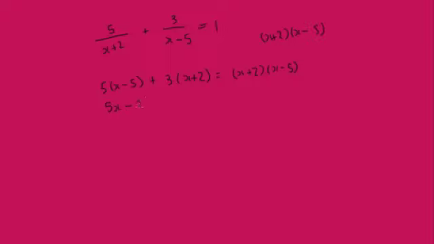5x minus 25 plus 3x plus 6, and that's x squared plus 2x minus 5x minus 10.